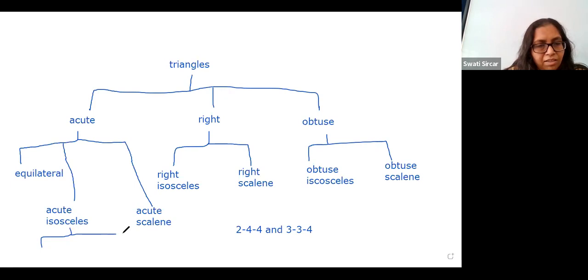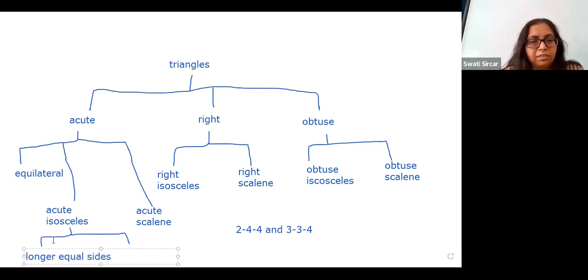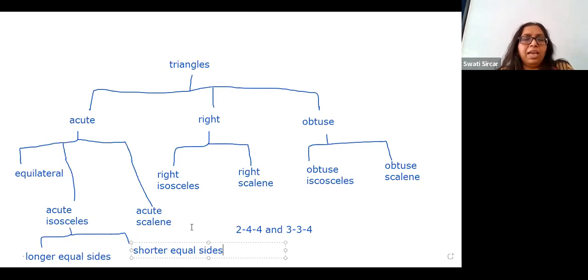So here you have longer equal sides and you have shorter equal sides. Now, can you say anything about the vertex angle, the angle between the equal sides, for each of these types?